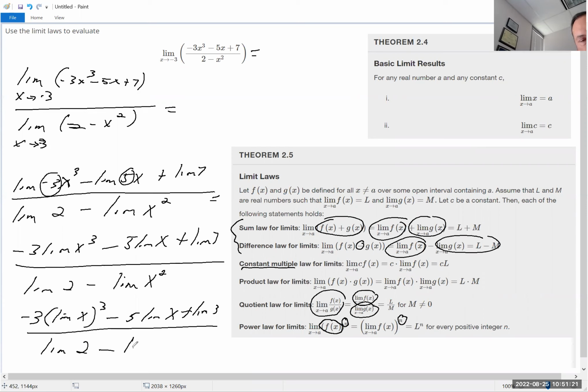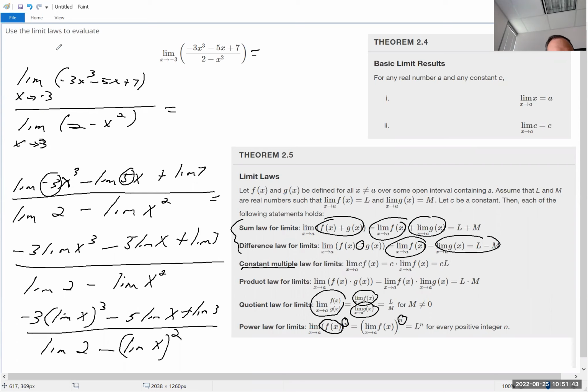So this is the limit of x squared. Okay, so I think I've sufficiently used all of those limit laws.